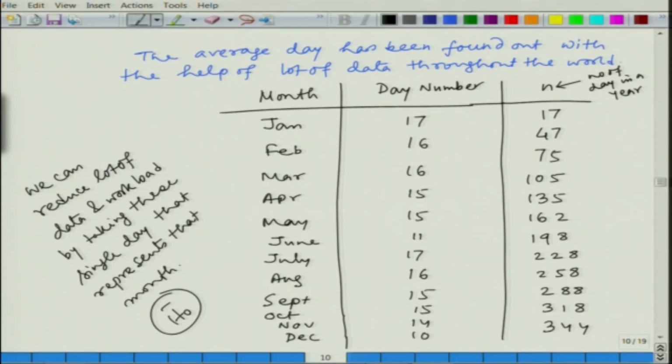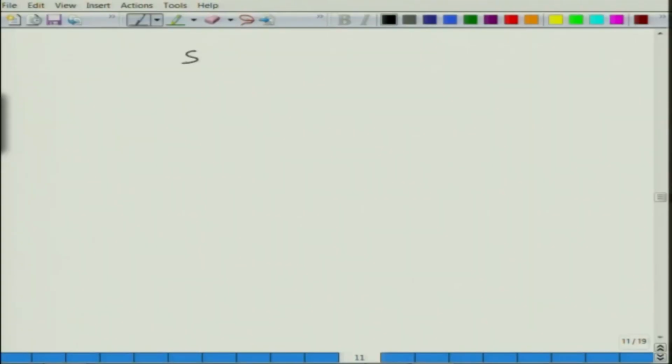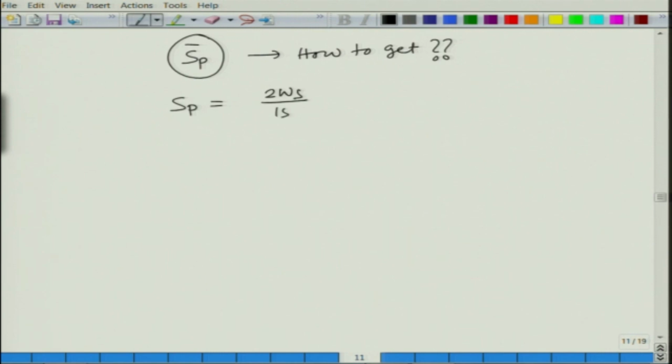Now, in the whole scheme of things, we have seen how we can get the H naught bar exactly, but we also need to know how to get this particular S P bar exactly. So, how to get that? For any day, S P you can write in terms of this omega s, which is the sunrise or sunset hour.